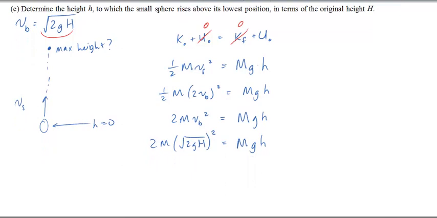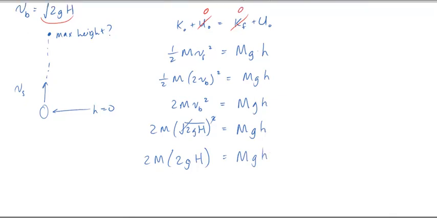And now we can start to simplify. The square root cancels with the squared. 2gH equals Mgh. Let's see, m cancels with m, g cancels with g, and we find that little h is 4 times capital H. We got 4 times the height out of this.